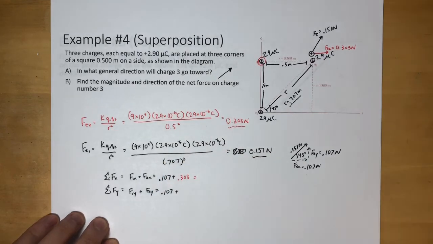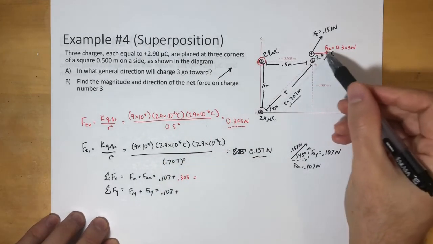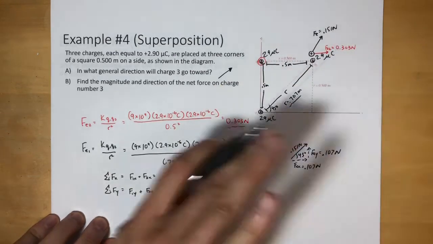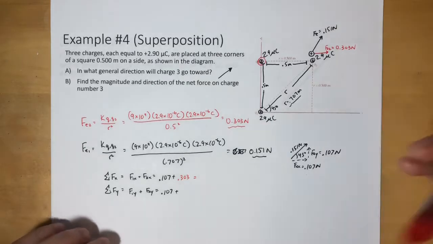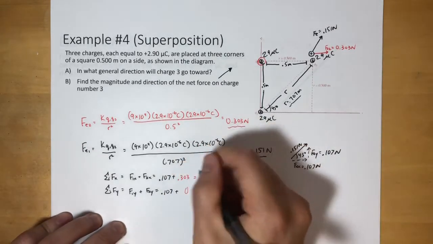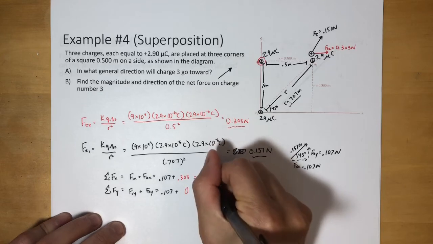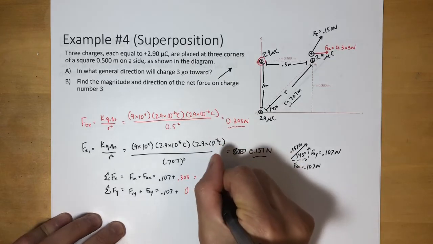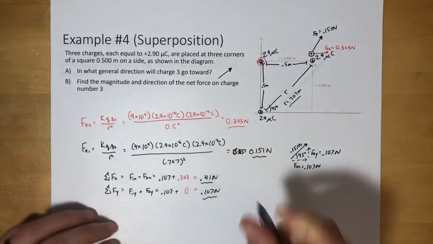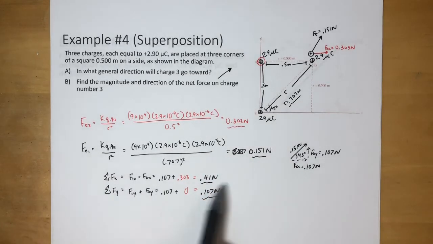And then for the y, force of electricity 2 in the y is equal to 0, because it's only going in the x direction and it's not going up at all. So what we have here is 0.41 newtons, and then 0.107 newtons. Okay, so we found the total in the x direction and the total in the y direction, and now we want to combine those two.